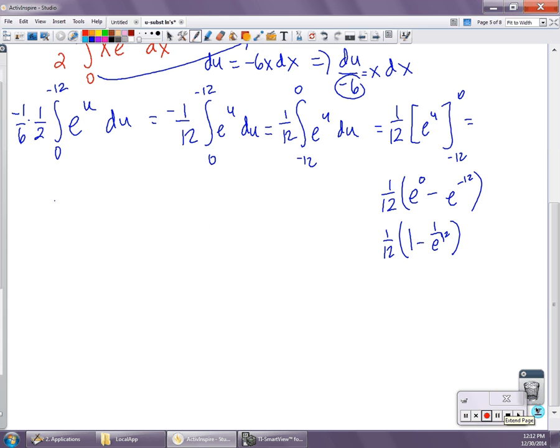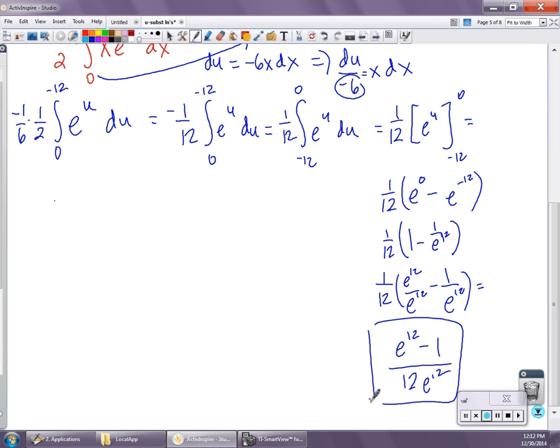And I can get a common denominator and make that 1/12 of e to the 12th over e to the 12th minus 1 over e to the 12th. So that would give me e to the 12th minus 1 over 12e to the 12th. And that is the average value of the function.